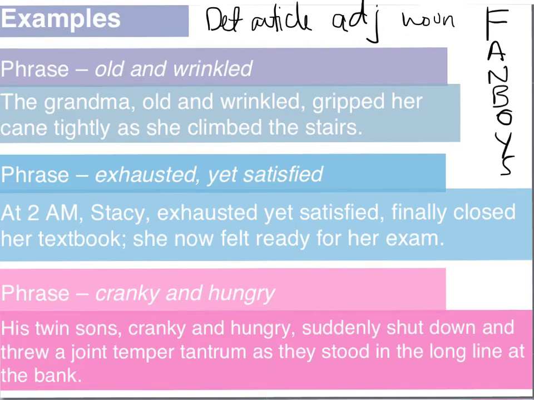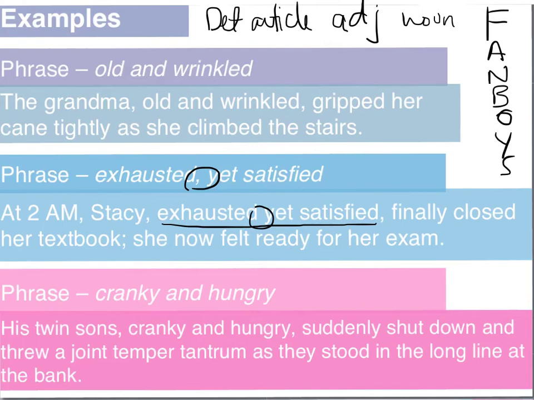So let's take a look at this one. It says, at 2 a.m., Stacy, exhausted yet satisfied, finally closed her textbook. She now felt ready for her exam. So you can see that I have a comma there and no comma here. And that's up to you, whether or not you put it there or not. Usually in these shorter phrases, it's not necessary, so that your sentence isn't littered with commas.